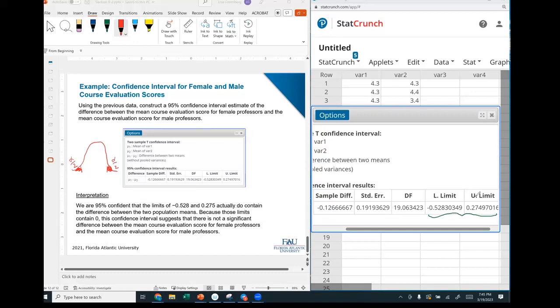That means I can't really reject the fact that they could be equal, because if they were equal, then mu1 minus mu2 would equal 0, and 0 is in this confidence interval. So the confidence interval suggests there is not a significant difference between the mean course evaluation scores for female and male professors, because it contains 0.